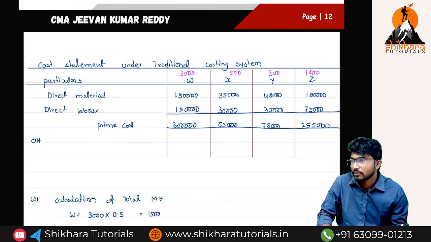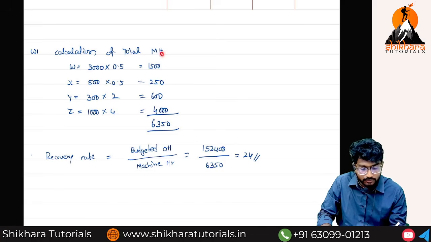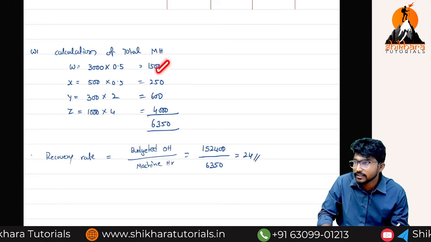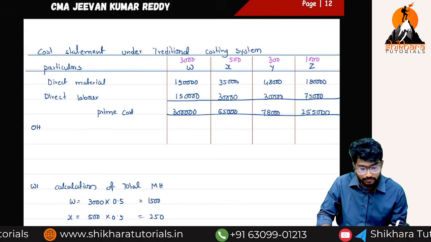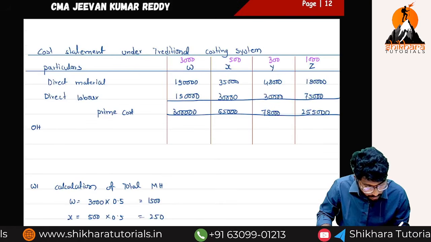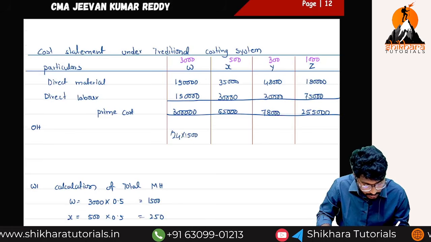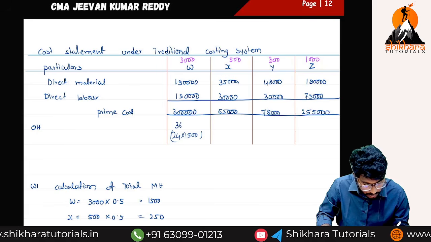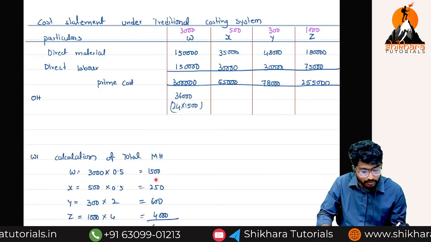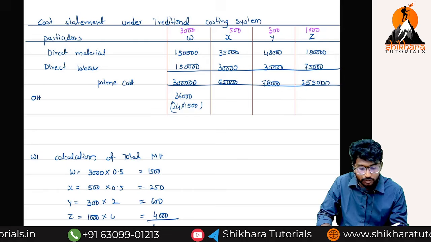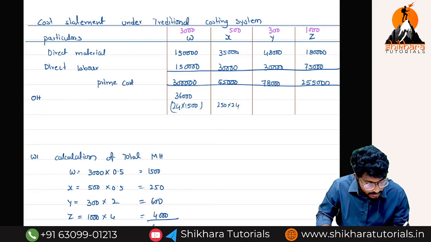Now W consumed 1500 hours, into 24 rupees per hour. 24 into 1500 is 36,000. Am I correct? Next, X consumed 250 hours, 250 into 24, 6,000.